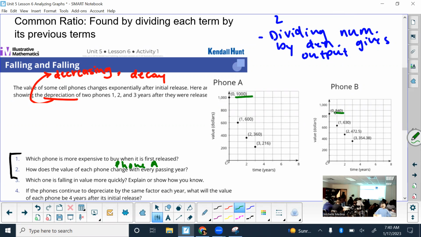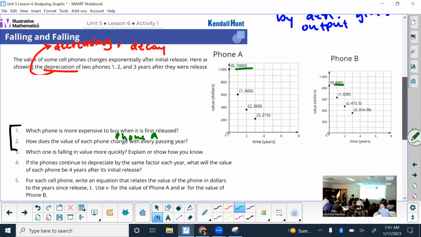So in other words, towards the y-intercept usually tells you your starting amount. Compare them. This one costs $1,000 according to the graph. This is the value when time is 0. This is the value when time is 0, 840. So yeah, phone A is more expensive to buy when it is first released.